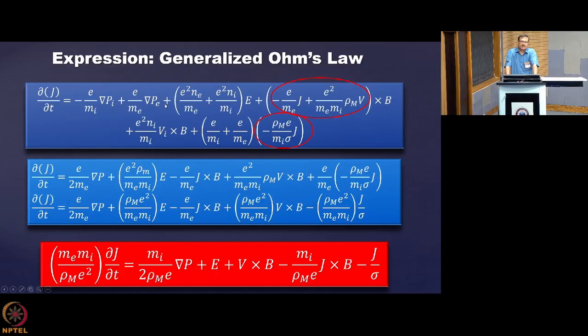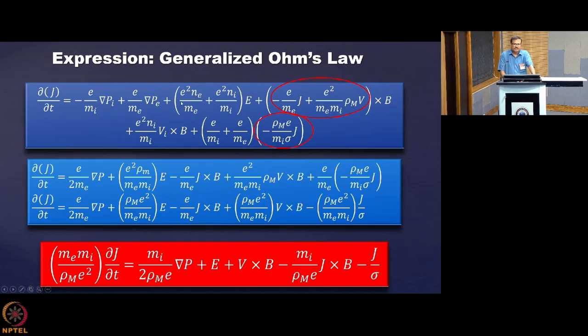You know that PE and PI are additive, and that adds up and gives you the total pressure P, and then these two terms add up, and you know that me ne plus mi ni should give you the mass density, so we get e square rho m by me mi.